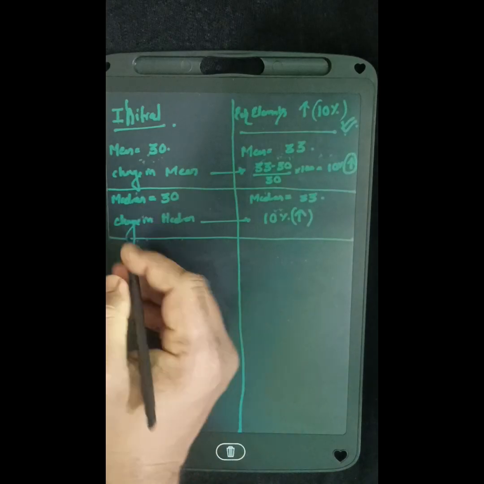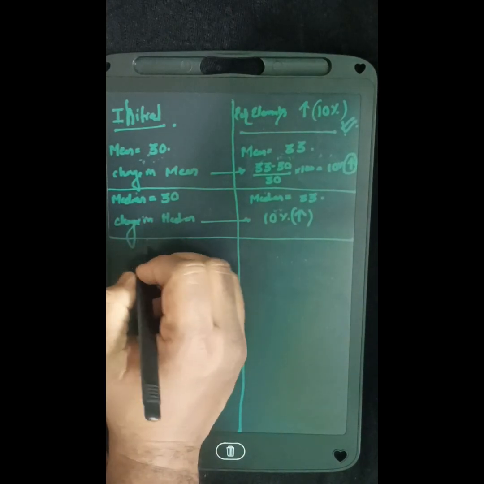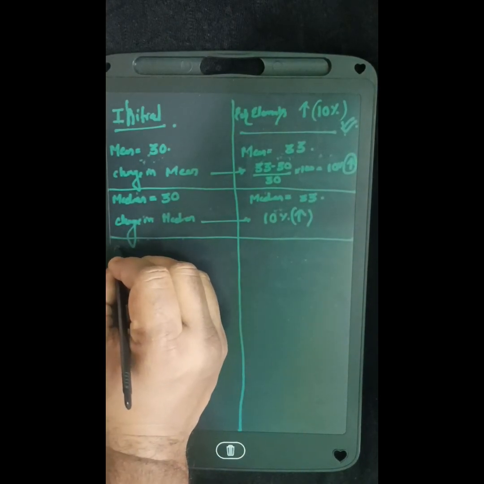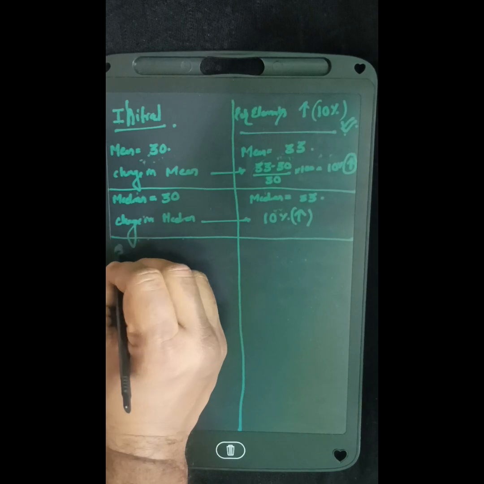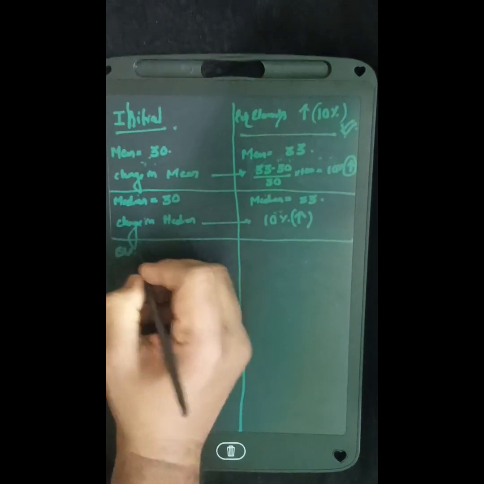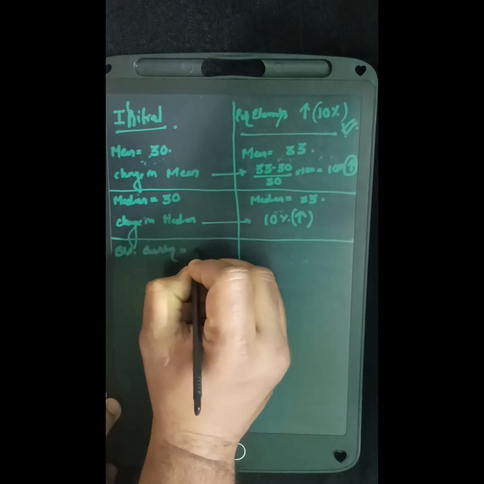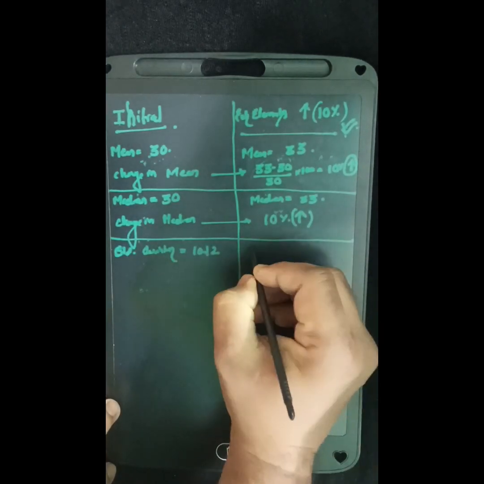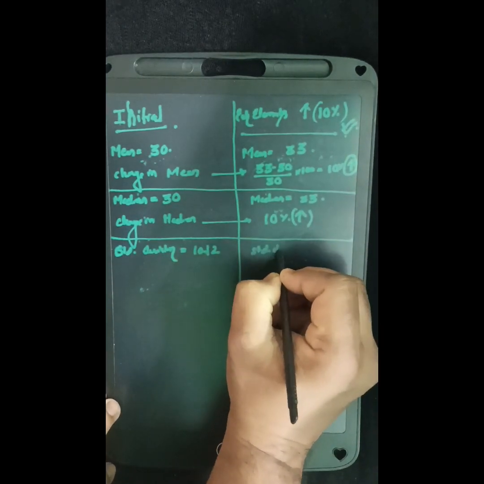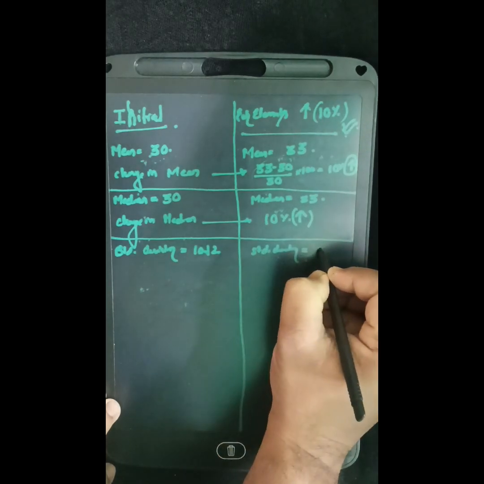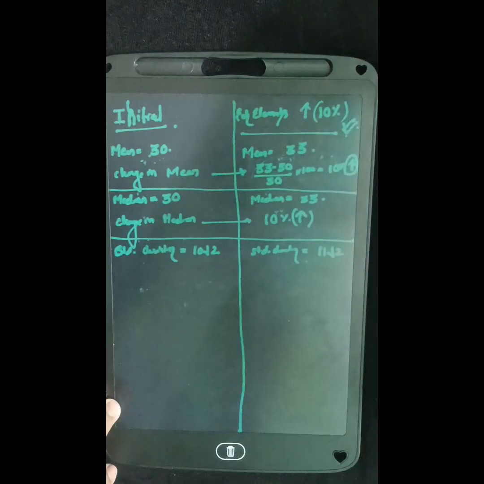Next, we had standard deviation. Standard deviation is 10 root 2, and here standard deviation comes out to be 11 root 2.